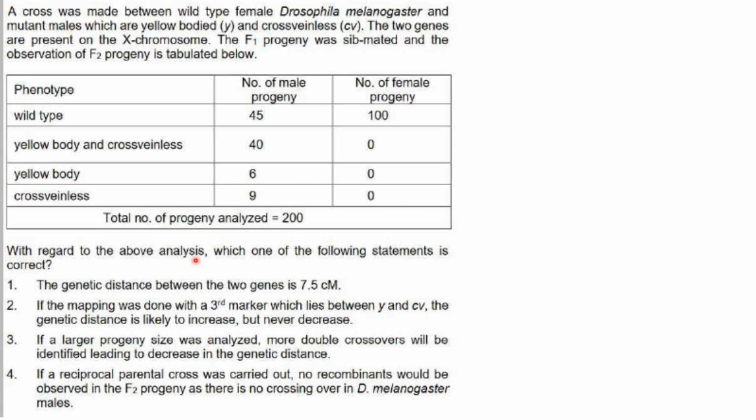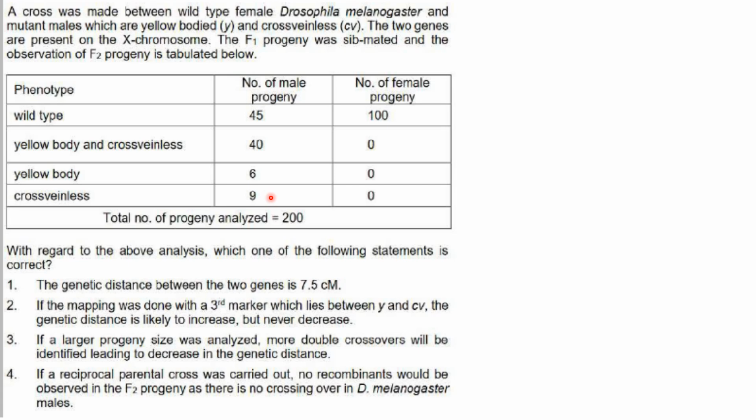With regard to the above analysis, which one of the following statements is correct? The genetic distance between the two genes is 7.5 centimorgan. Now, which are the recombinants here? That is 6 plus 9. They are recombinants. Total progeny is 100. 45 plus 40 plus 6 plus 9 is 100.